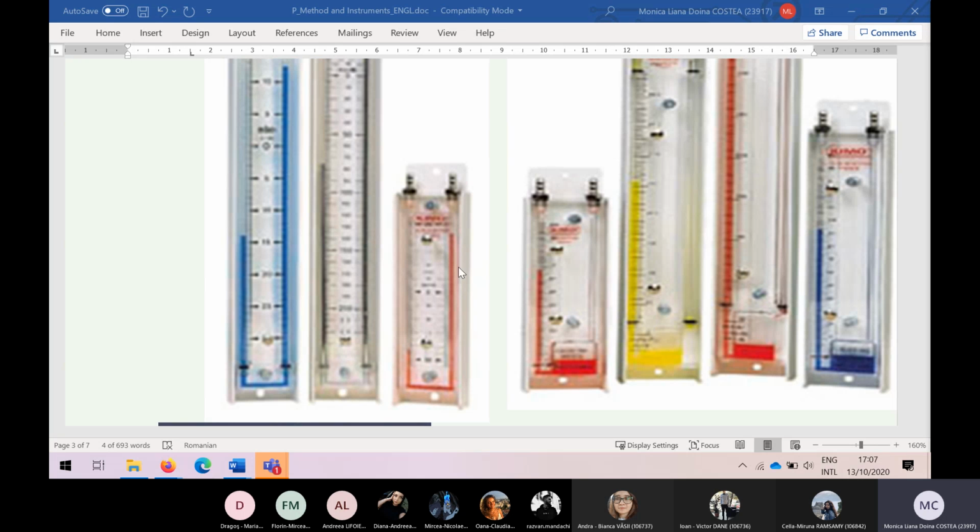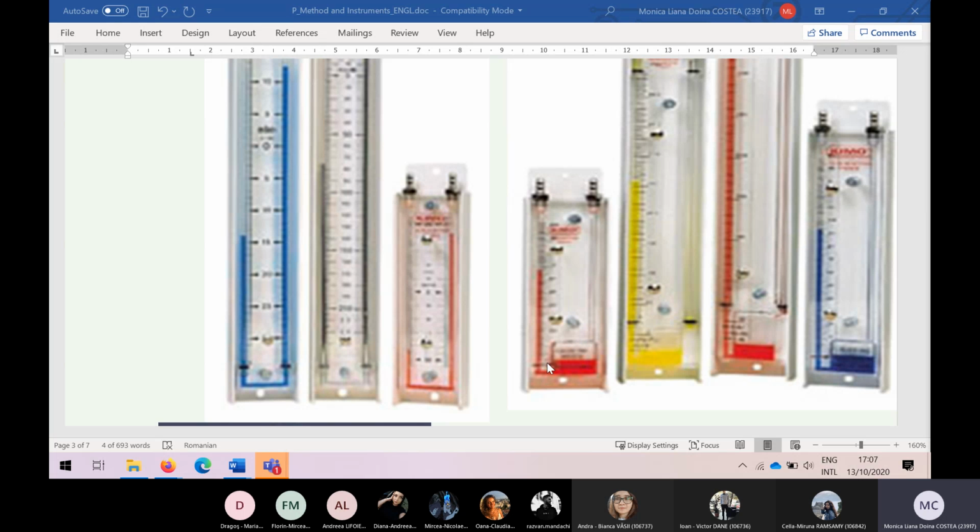But we see the deformation of the column due to the pressure measurement, and we suppose that here we have a higher pressure, either atmospheric or manometric pressure, or vacuumetric, depending on the case.